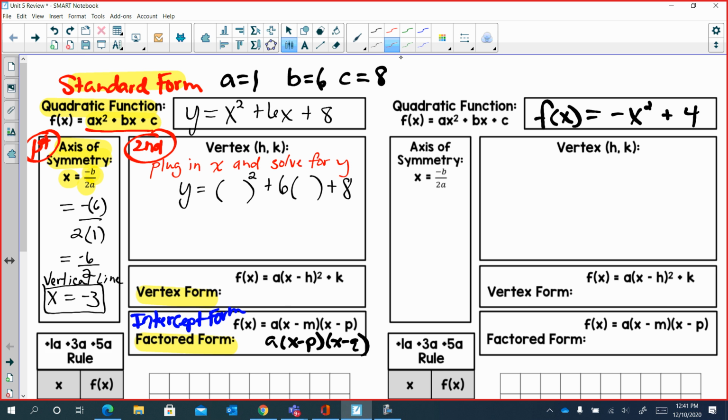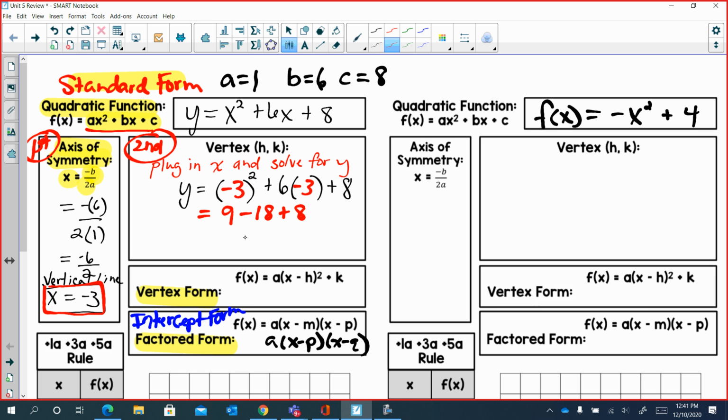So since we know that x equals negative 3 right here, I'm plugging in a negative 3 for every x. Then you have to follow PEMDAS. PEMDAS says parentheses first. That's your grouping symbol. Then exponent. A negative 3 squared, positive 9. Then I'm going to do 6 times a negative 3. Negative 18. Then I'm going to have this plus 8. So I'm just going to work it out left to right.